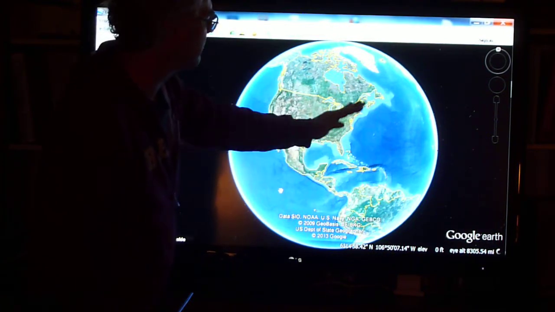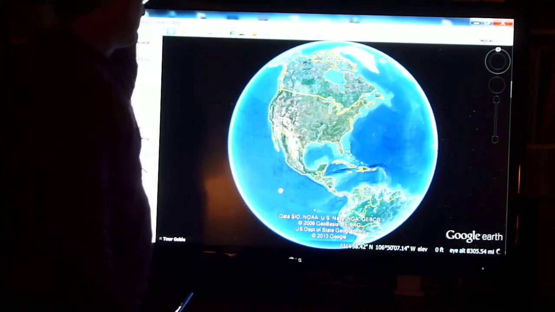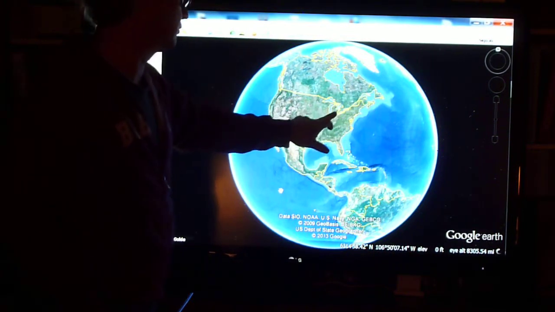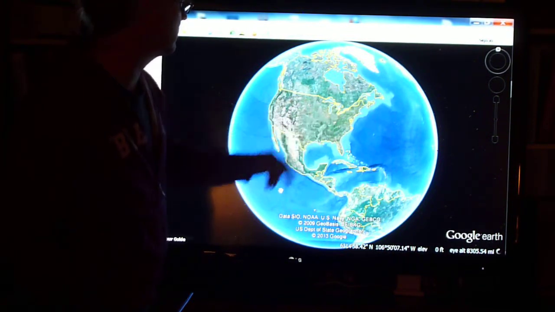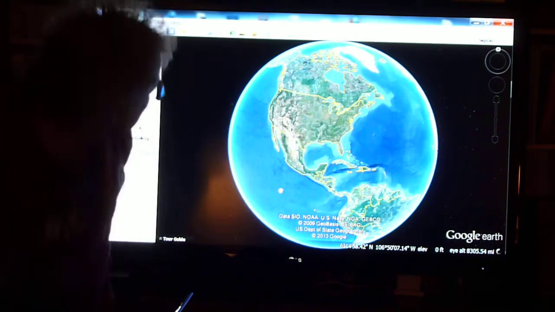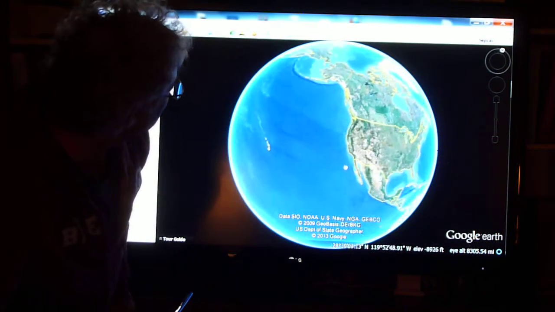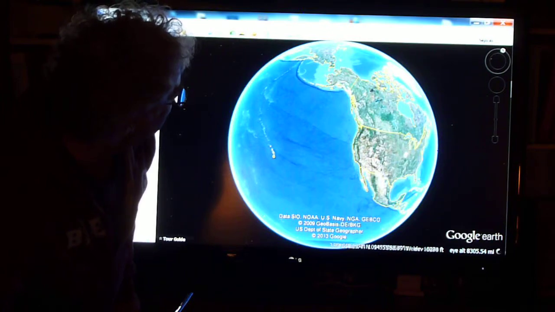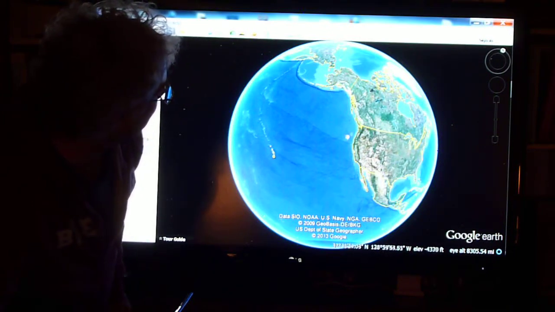You could have tearing and rupturing here, which probably would sound like big explosions in the region from here to here, which people have heard. And that was 1812, they had the big one there.